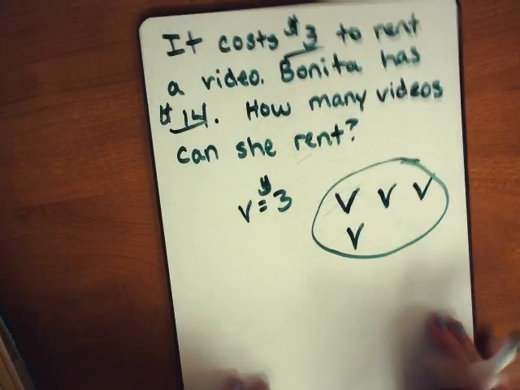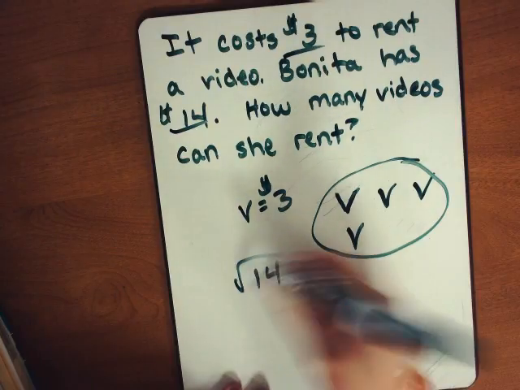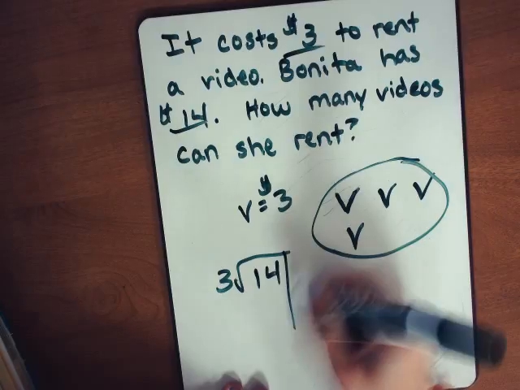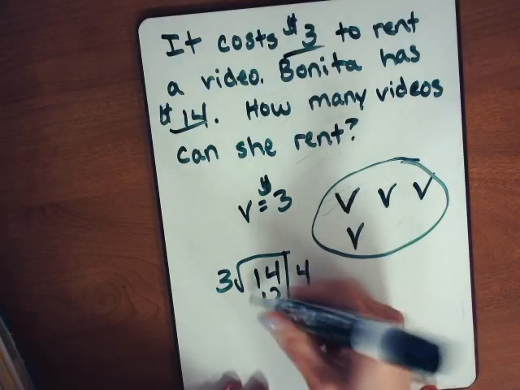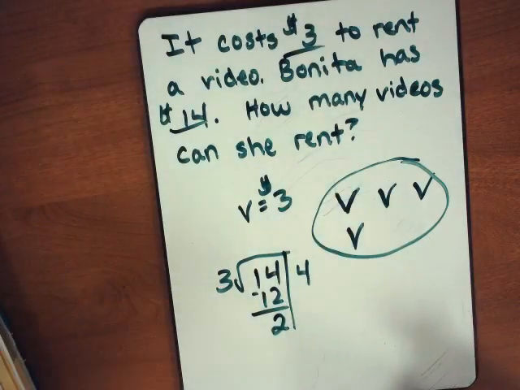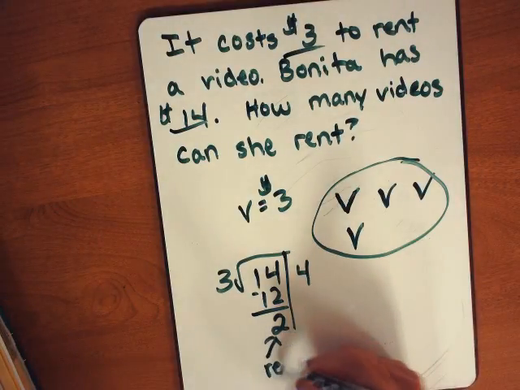So if I were to do this with a division algorithm, 14 divided by 3, 3 times 4 gets me 12. I get a remainder of 2. So as I think about what that 2 means, well, I've got $2 left over with this remainder.